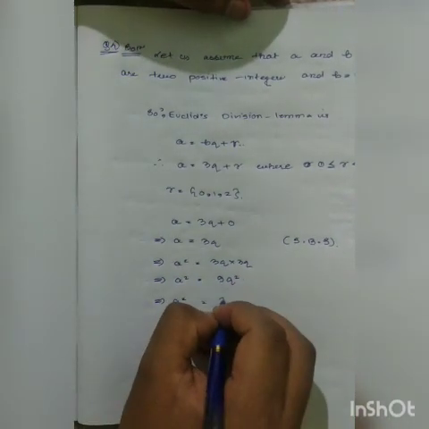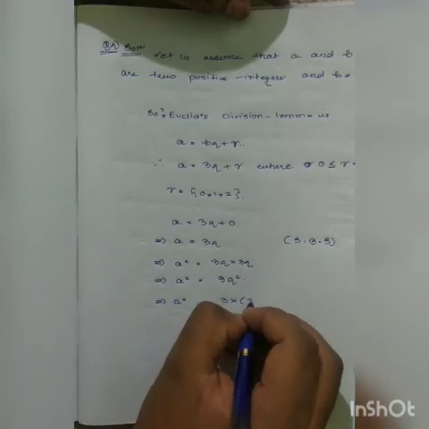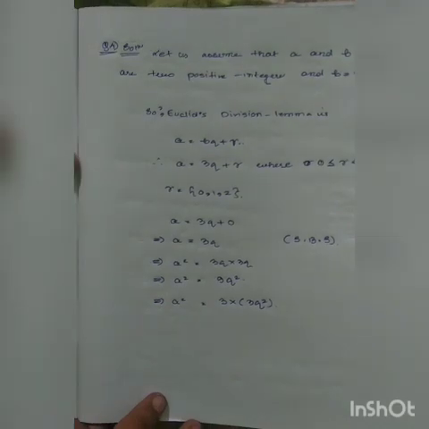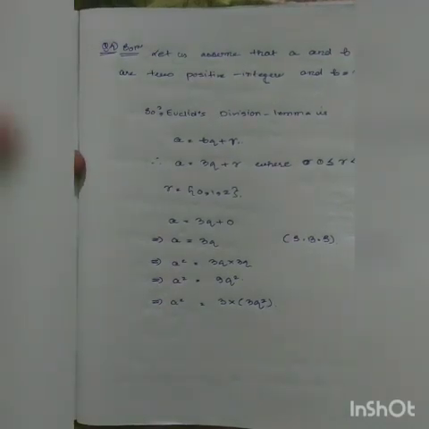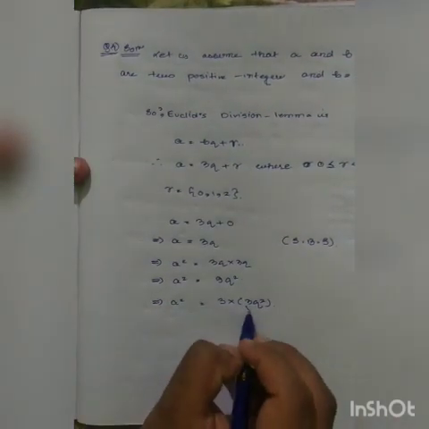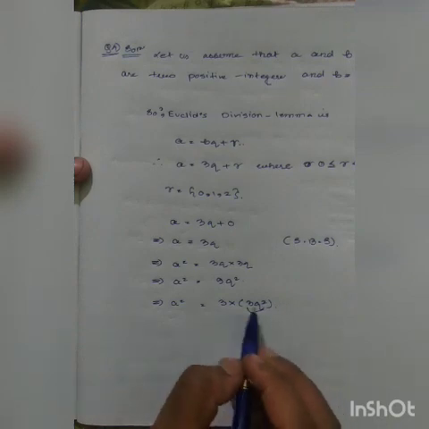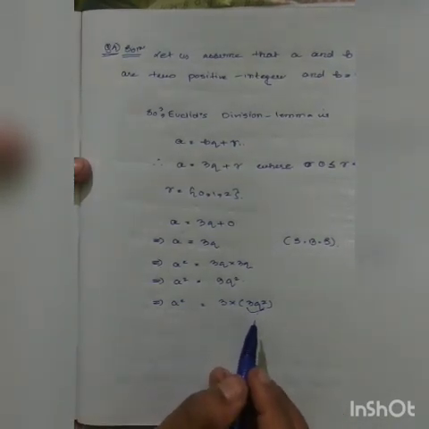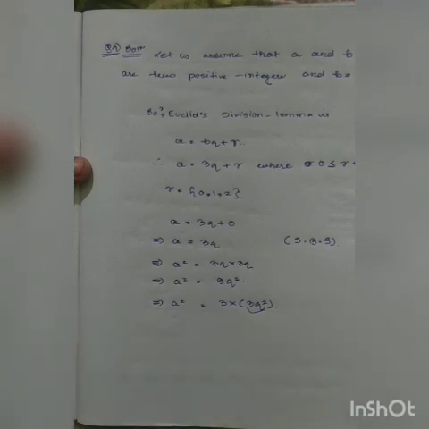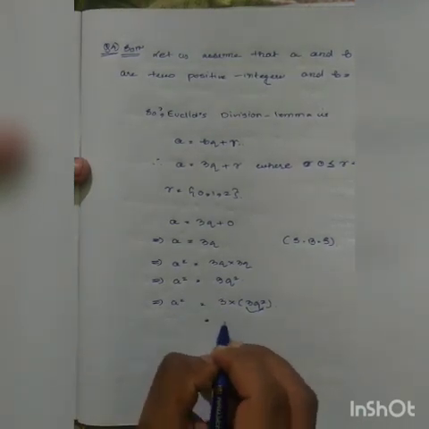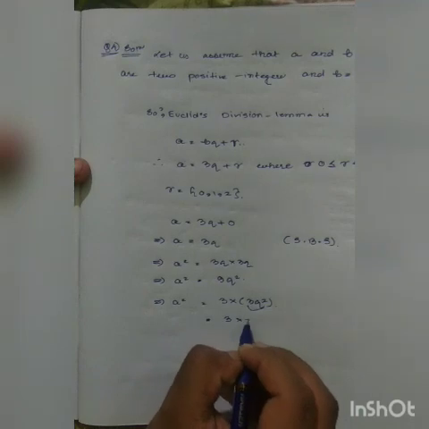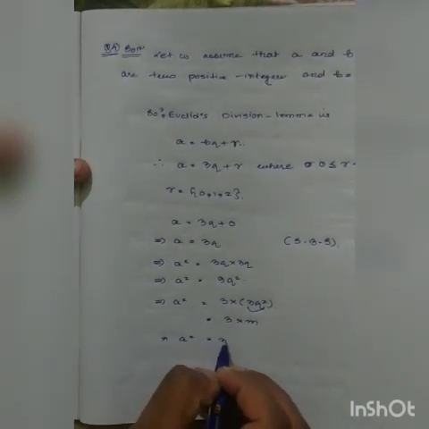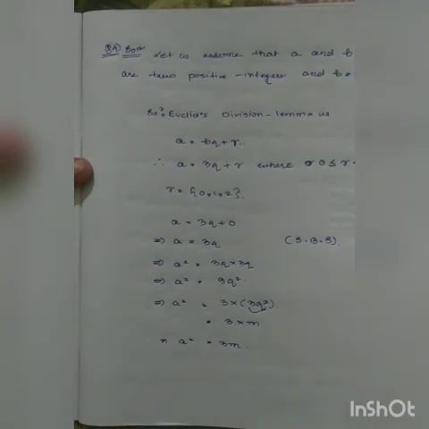So we can write it as 3 multiplied with 3q square. As it is given in the question that m is an integer, 3q square is also an integer where q has some value. So we can write it as 3 multiplied with m. So a square is equal to 3m. It is in the form.